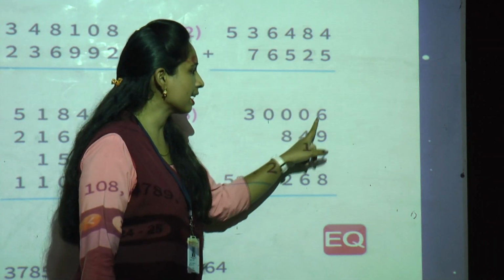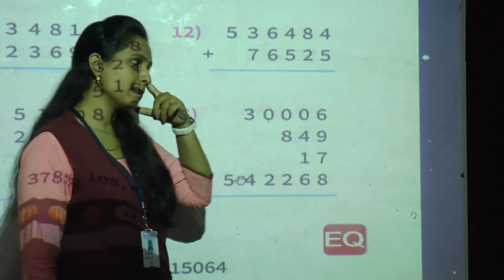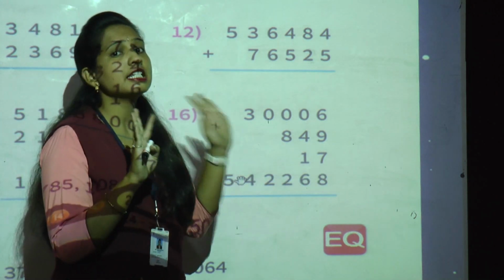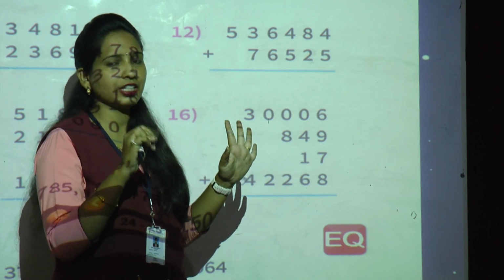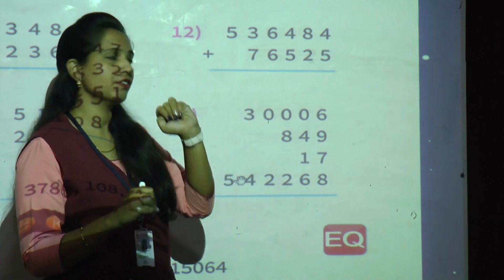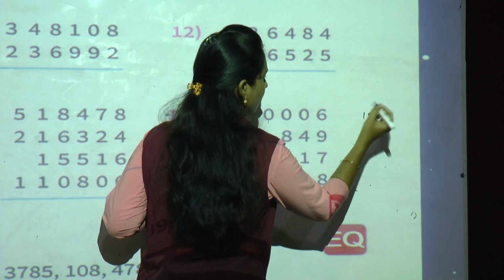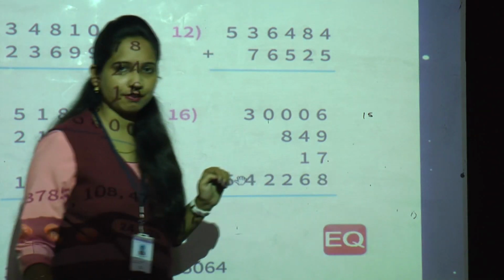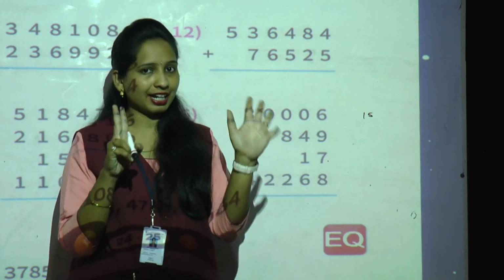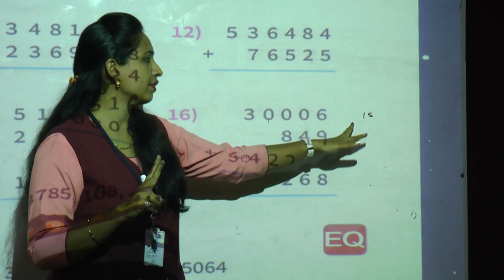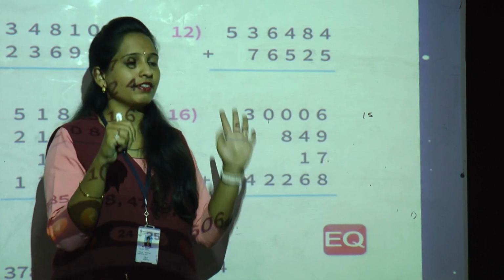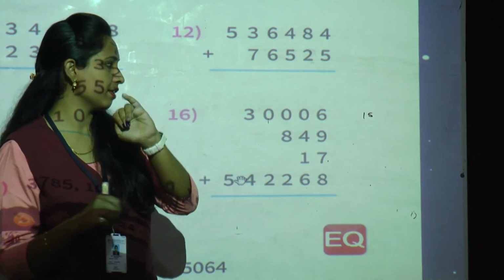Now 6 plus 9. 6 keep in your mind, 9 on fingers. 6 after 7, 8, 9, 10, 11, 12, 13, 14, 15. So write somewhere roughly 15 and add in 7. Add 7 in 15. Again keep 7 fingers. After 15 count, 16, 17, 18, 19, 20, 21, 22.